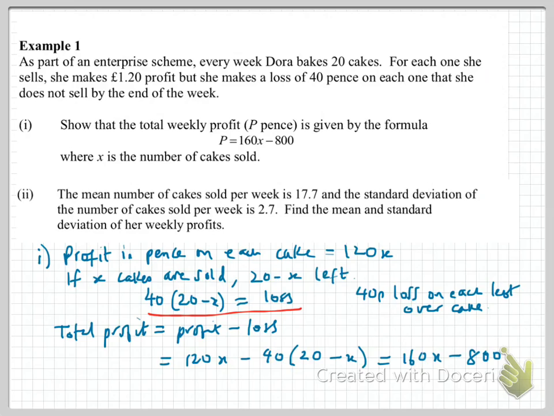So therefore our total profit is going to be the profit take away loss, which is 120 pence times x for each cake sold, take away 40 times 20 take away x, which is obviously our loss, and that expands and simplifies to 160x take away 800.